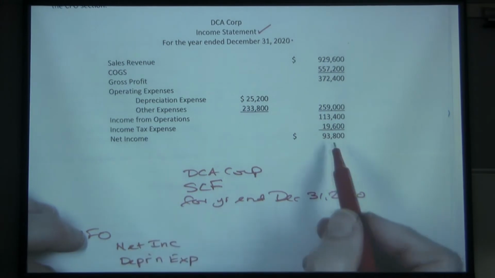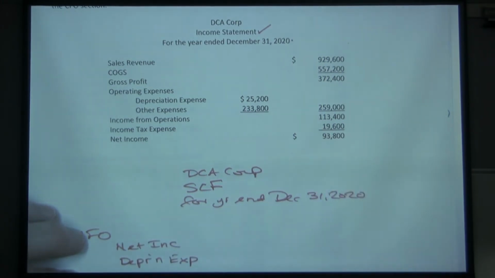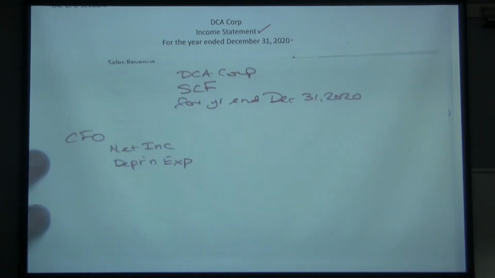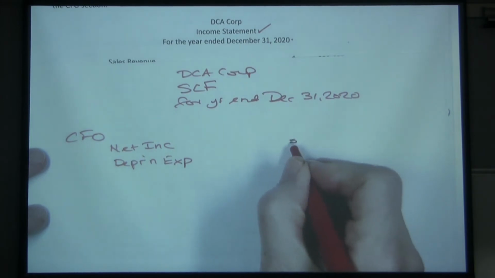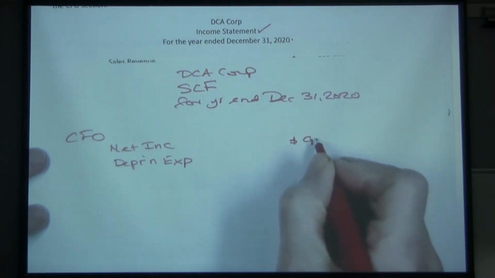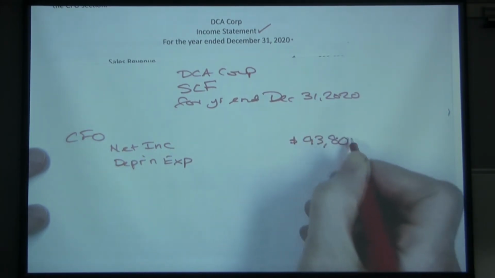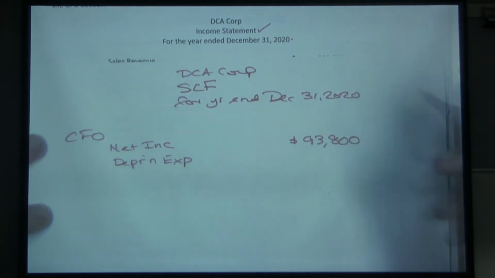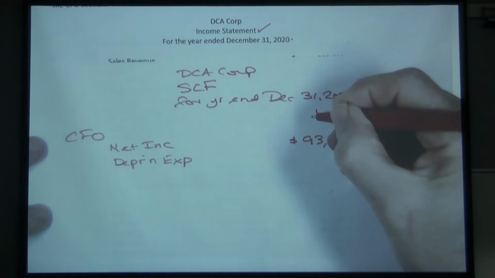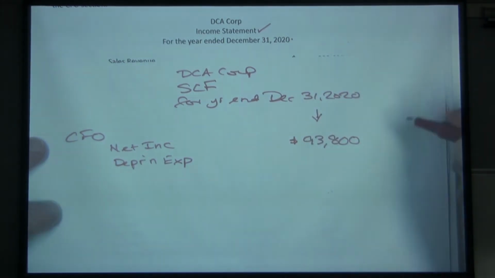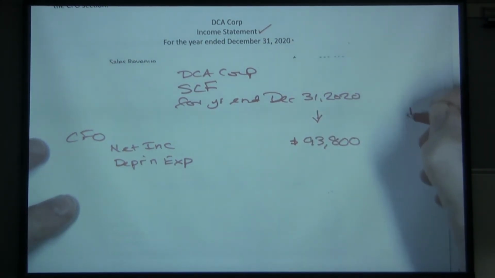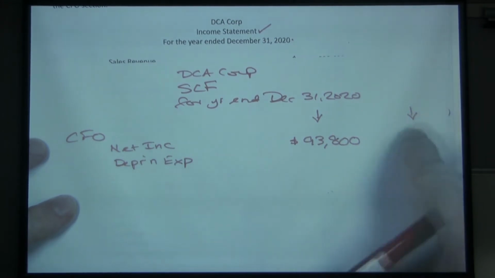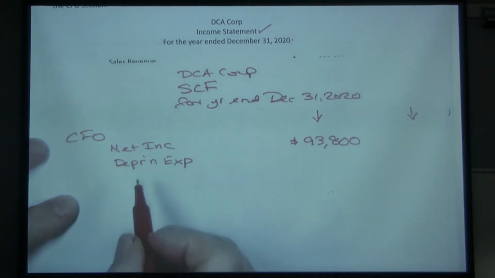Okay, let's take a look at our income statement. So we have net income of $93,800. So I'll jot that down here first. 93,800. I would think about writing this in two columns. Not all of the examples have two columns, but I would write subtotals in an inside column and then write your total CFO, CFI, CFF in the outside column at the bottom here.